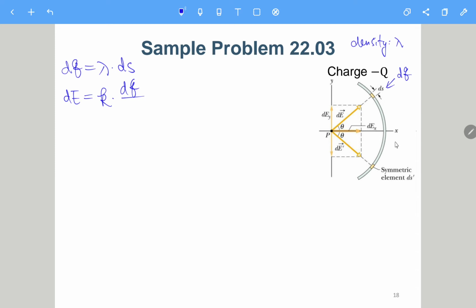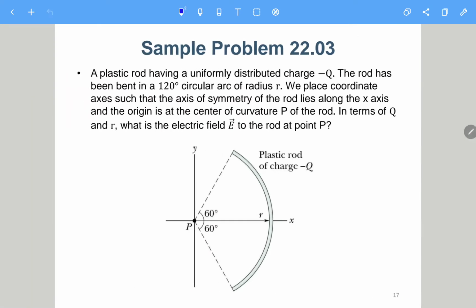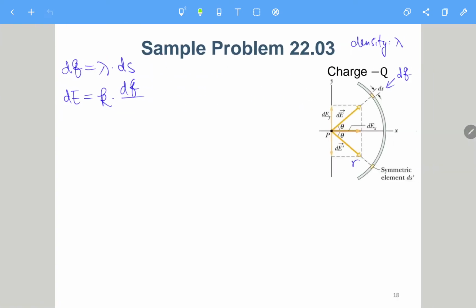Radius is small r, as mentioned here. Radius r. Okay, so r squared, like this. So nothing special. And of course this charge is negative Q, so for this part the dE should point towards this ds rather than pointing to the bottom left.